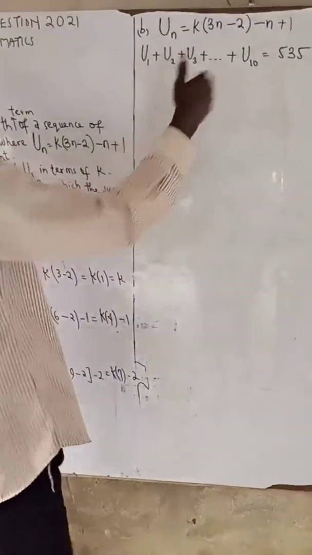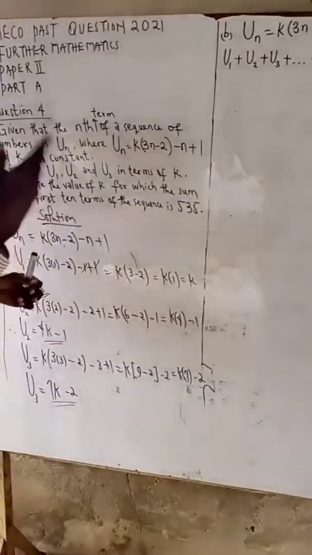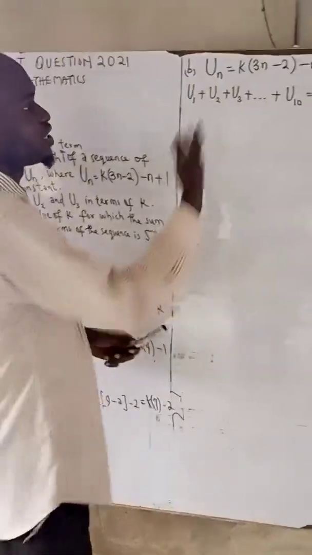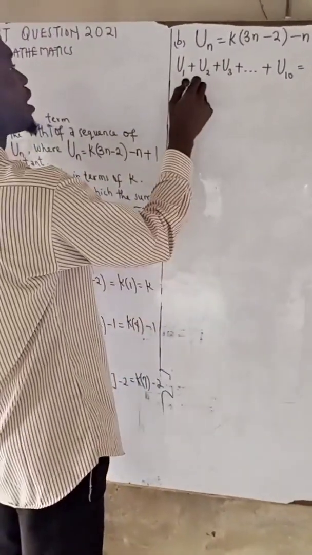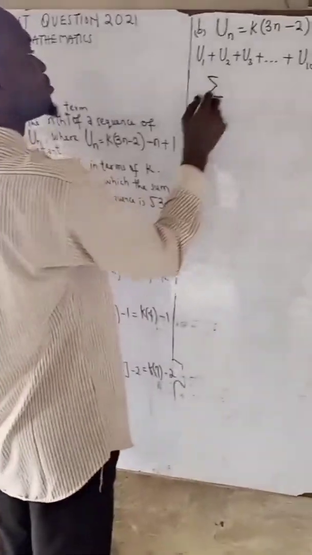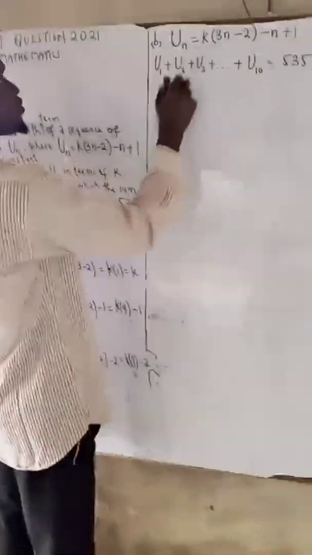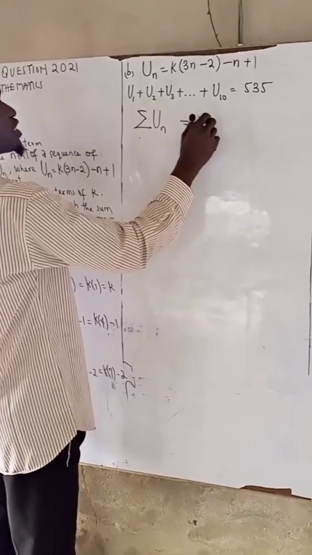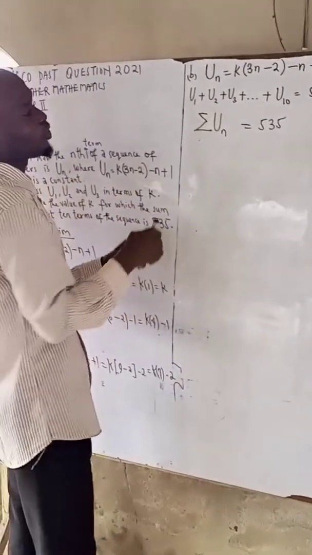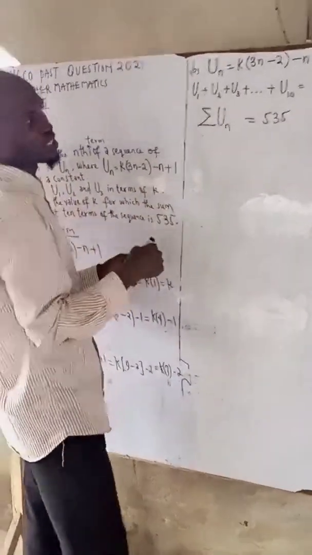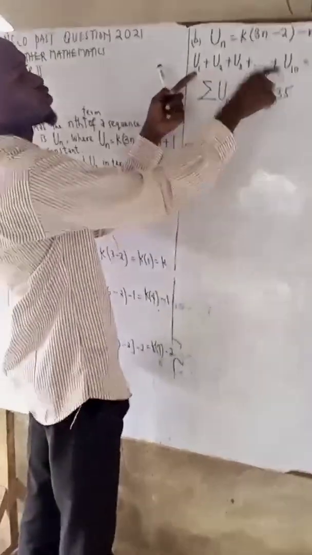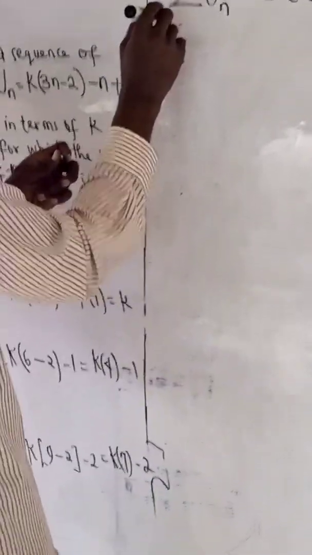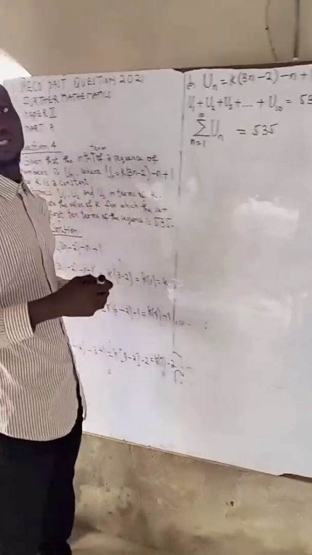Now, instead of wasting my time finding U_1 up to U_10, I can just apply sigma notation. Sigma notation of U_n should be equal to 535. But I need to know my counter. This is starting from when n is equal to 1 up to 10. That is my counter.